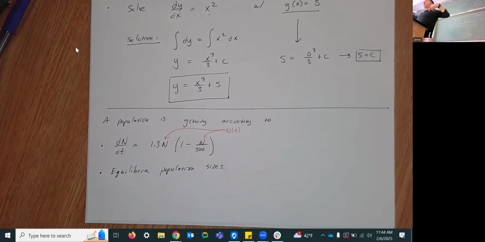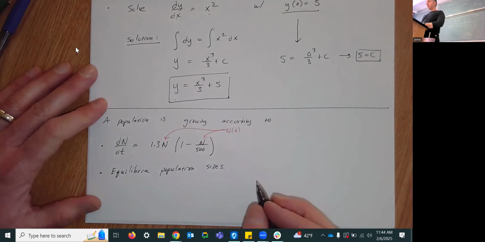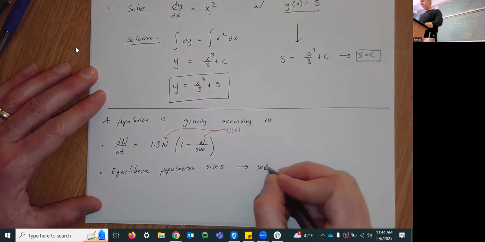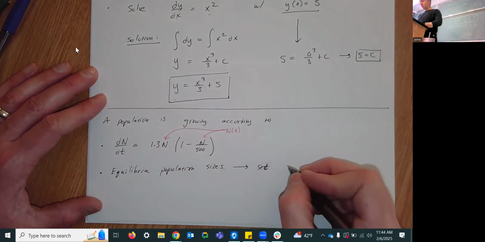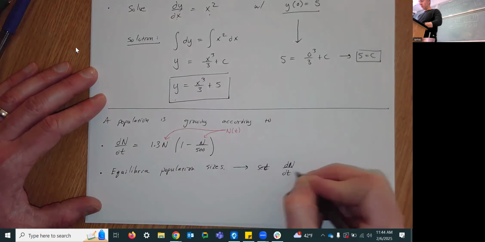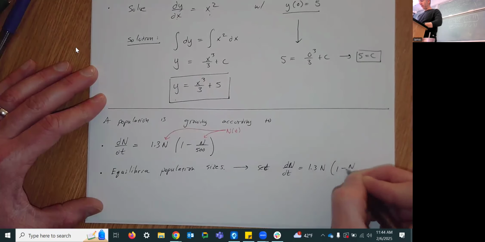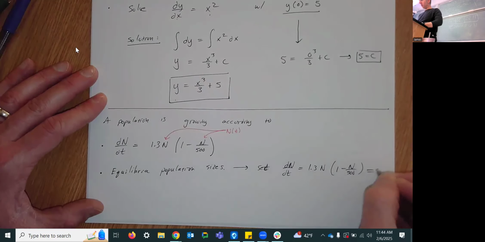If you're not getting bigger or getting smaller, your amount of change is 0, meaning the derivative should be 0. So the way you find equilibrium population sizes is by setting your derivative equal to 0. So set dN/dt, which is equal to 1.3 times N times (1 minus N over 500), equal to 0.